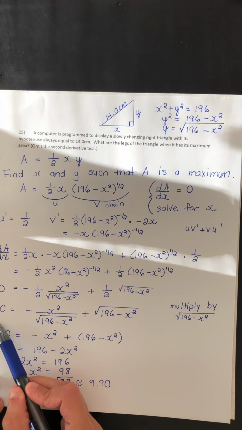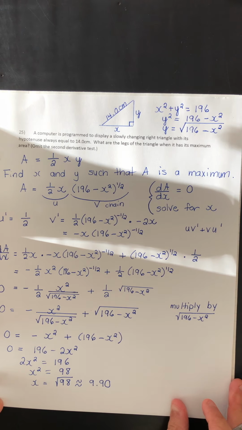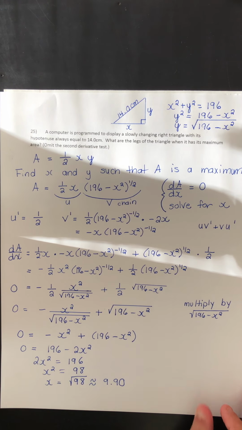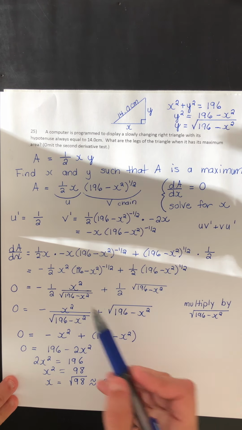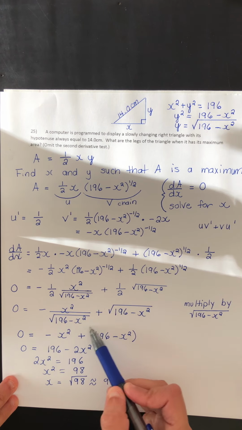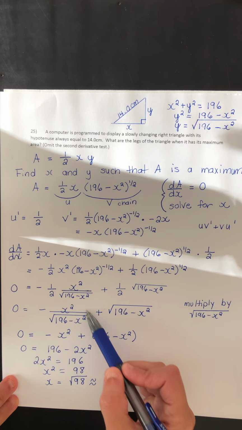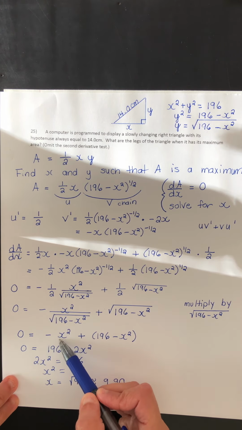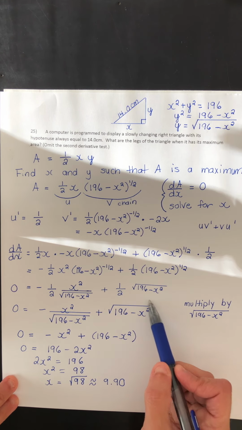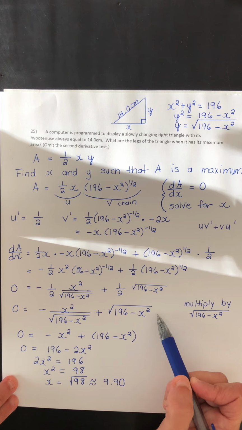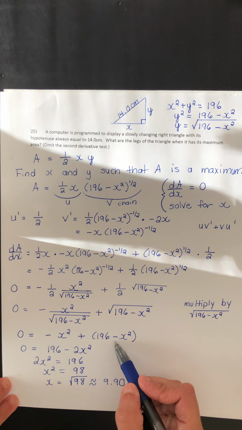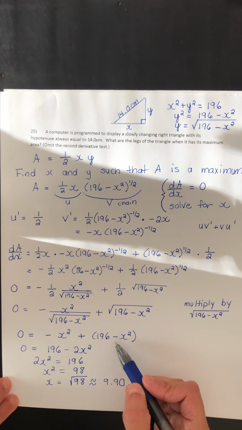Then we multiplied all three terms by the square root of 196 minus x squared. And when you do that here, you'll just get negative x squared. And when you multiply this thing by itself, you will get 196 minus x squared.